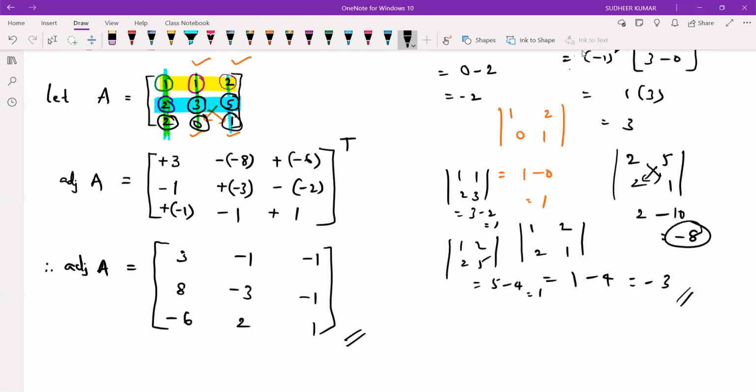For your convenience, as I said initially, when it is inverse, you do that. In inverse also, in the next step, A inverse is 1 by det A into adjoint A. So in this case, you can do the same. If only adjoint is asked, you show these on the right side. Anyhow, you have to do that only. Without doing, you could not get it.